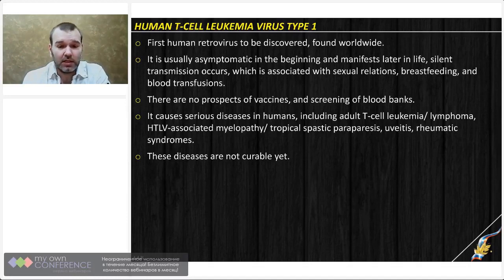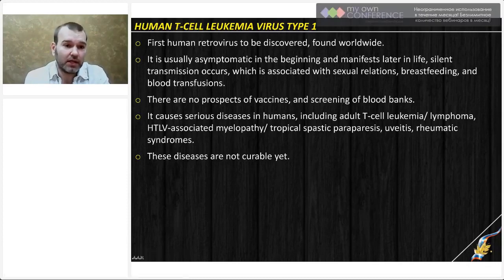During that silent period, a lot of people will infect those around them during sexual intercourse, during breastfeeding, or maybe through organ tissue or blood donation. And nowadays, we still don't have any obligatory screening tests for donors. So it is easier to become infected with that virus during different surgical transplantation procedures.